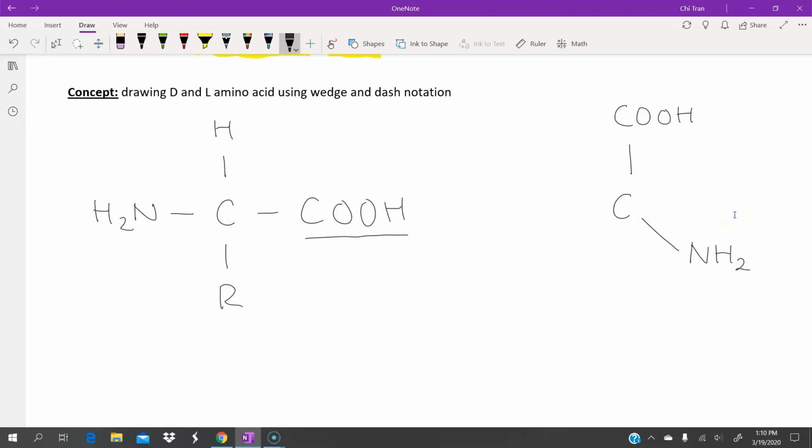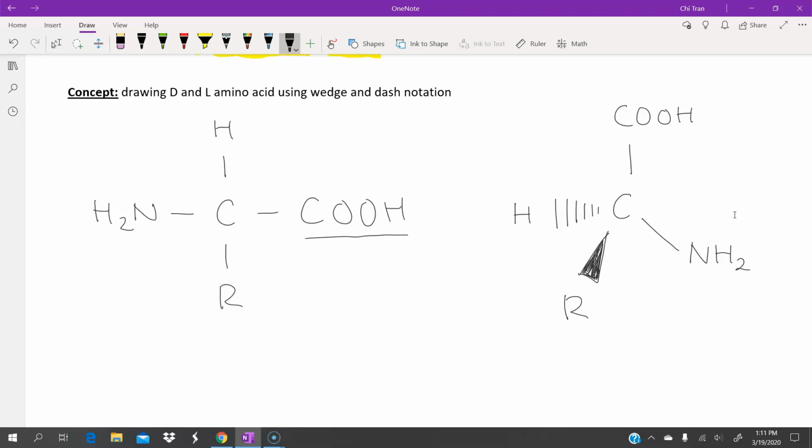And then in front, represented by a wedge, so a colored in triangle like this, we would have the R group. And then behind the carbon, we would represent it with the dash, in the shape of a triangle, the hydrogen. And that is our general formula for an amino acid using the wedge and dash notation.